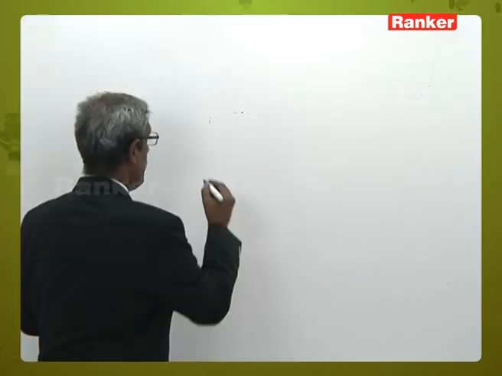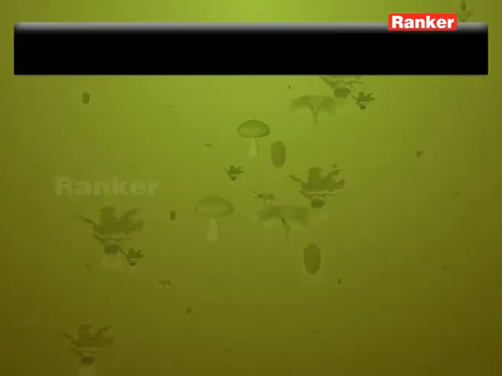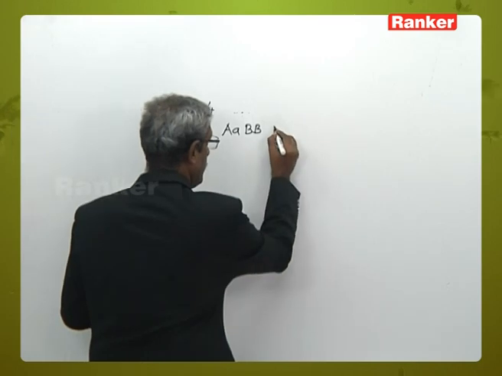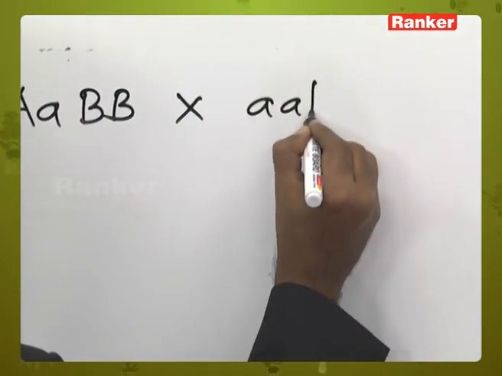Now, we are going on to question number 4. In question number 4, it is asked, what is the cross between capital A, small a, capital B, small b, and small a a, small b b?